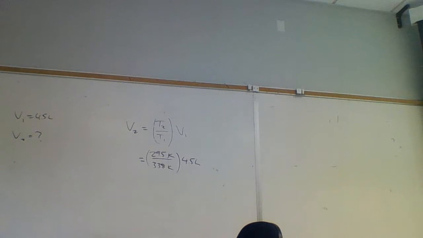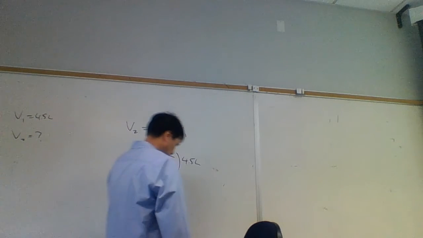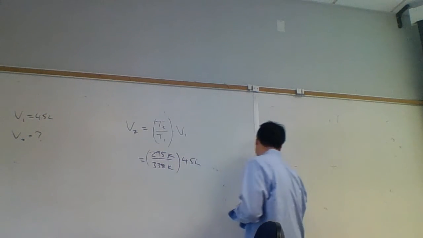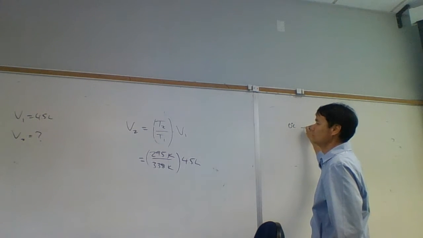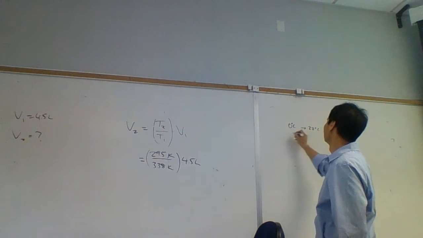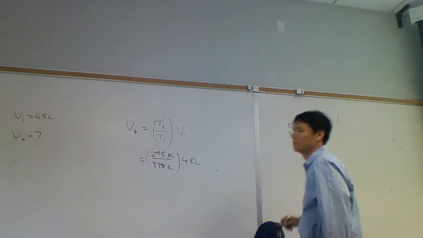Why does that have to be in Kelvin? It has to be in Kelvin because of the zero. Let's say we go from 0 degrees C to 22 degrees C. So this is T1, this is T2.